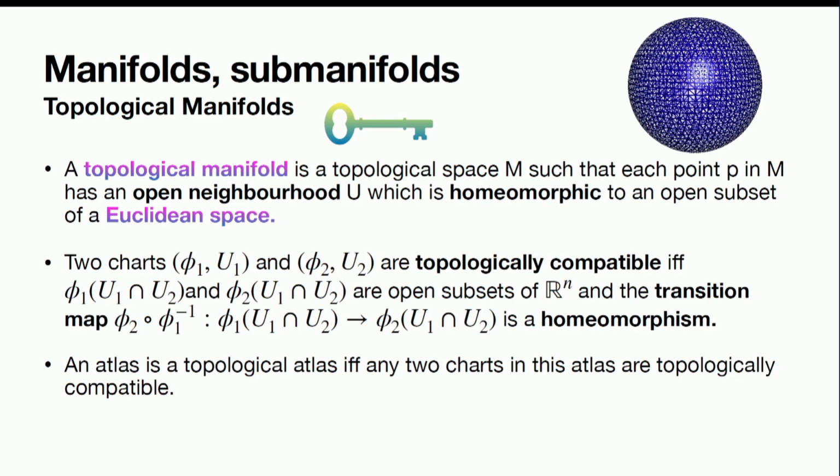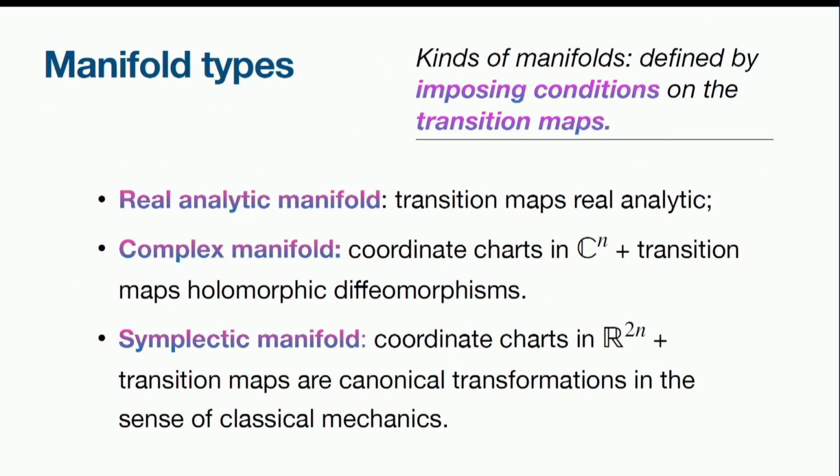And we need this second notion here of topologically compatible charts. So we can take 2 charts, phi 1 and phi 2, and we want the transition map to be a homeomorphism. That's very elementary, but in the case of statistical manifolds, it's a little bit not so intuitive. It's always good to come back to things like that, in my opinion.